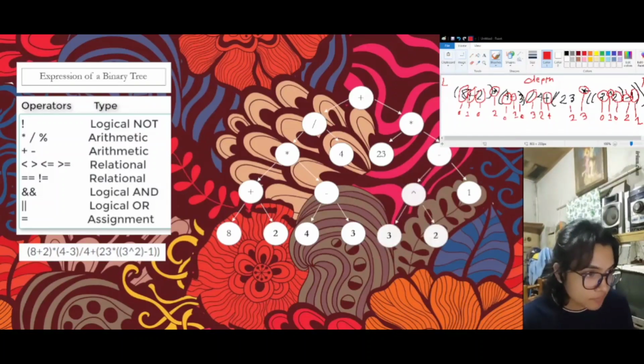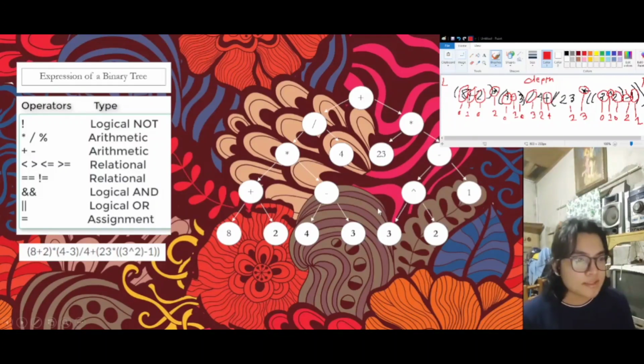We have 3 with a depth level of 0. The power sign is going to have a depth level of 1, and 2 is going to have a depth level of 0. And that's how we can solve an expression and turn it into a binary tree.